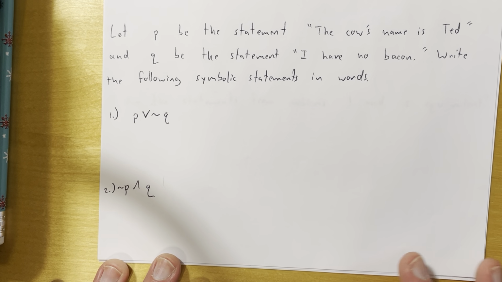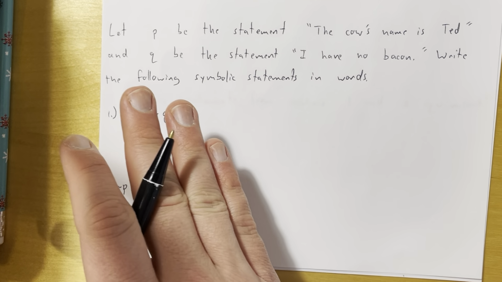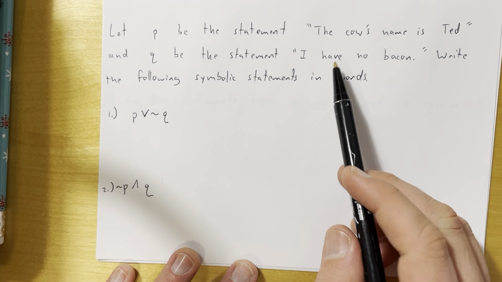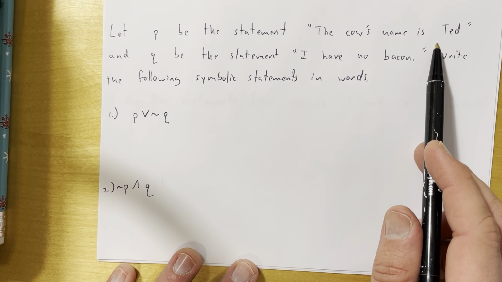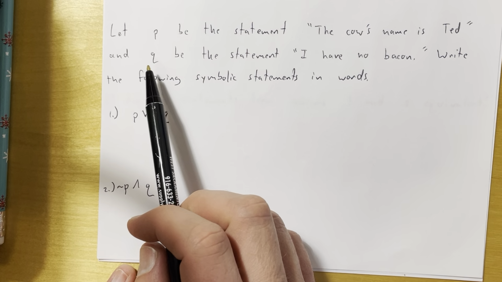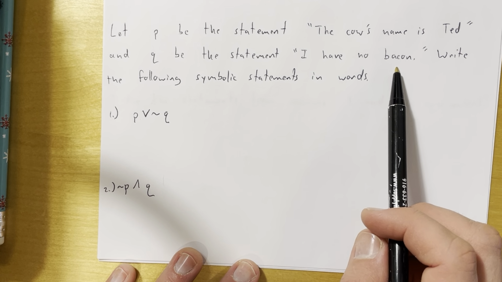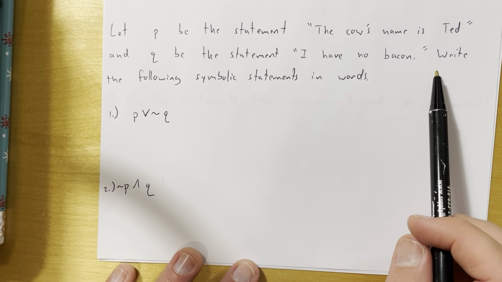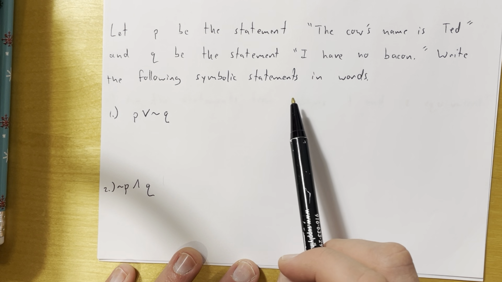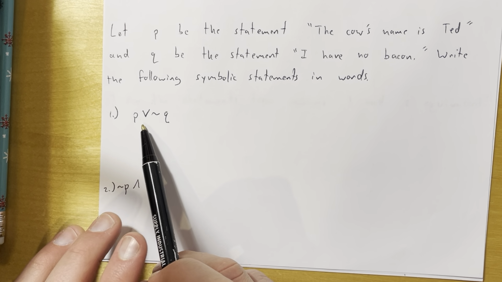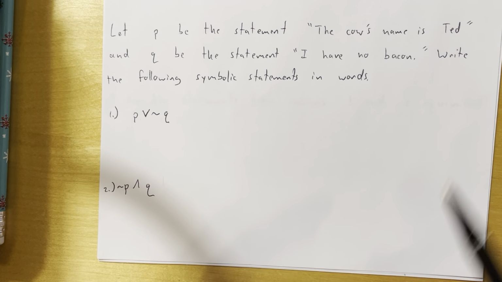Let's move down here. It says, let P be the statement, the cow's name is Ted, which is an interesting name for a cow, and let Q be the statement, I have no bacon, which is a tragedy. Write the following symbolic statements in words. This is the first example where we're now using the symbolic representation of these statements.